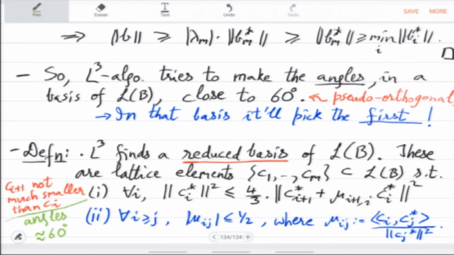So kind of orthogonal also. Kind of sorted and kind of orthogonal. These are the two ideas that we are trying to approximate here. We of course don't know whether a reduced basis exists, but our algorithm will construct it. In particular, it will show that this exists as well and is efficiently computable.